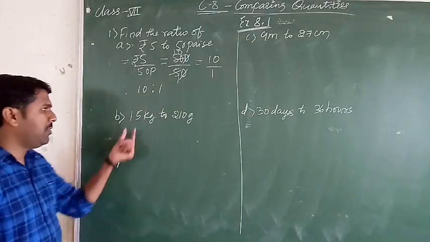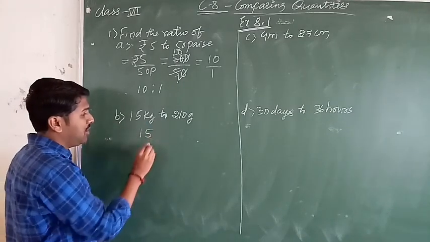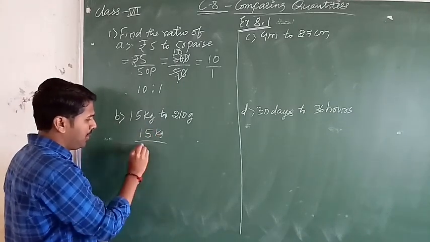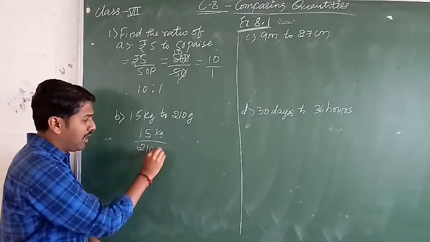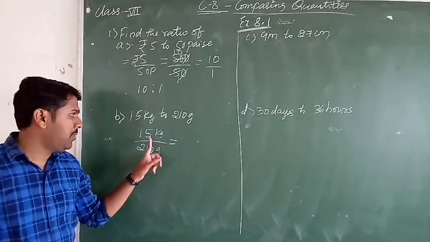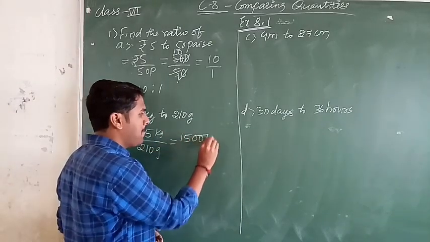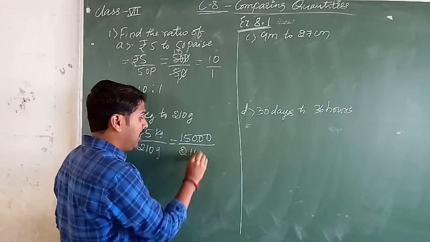Second one, 15 kg to 210 gram. Write down 15 kg divided by 210 gram. 1 kg equals how many gram? 1000. So 15 kg equals 15,000 gram. So 15,000 divided by 210.